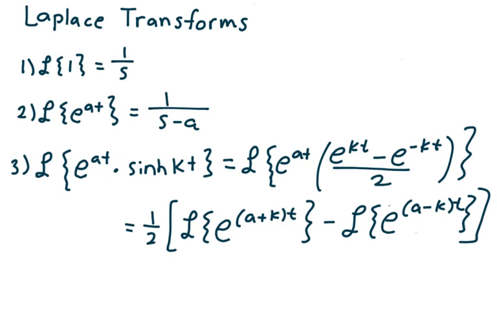Now, I'm going to pull the 1/2 out in front, and distribute the e to the at inside these parentheses. When I do that, I get 1/2 the quantity, the Laplace transform of e to the (a plus k) times t minus the Laplace transform of e to the (a minus k) times t.